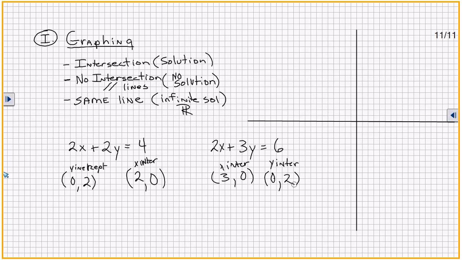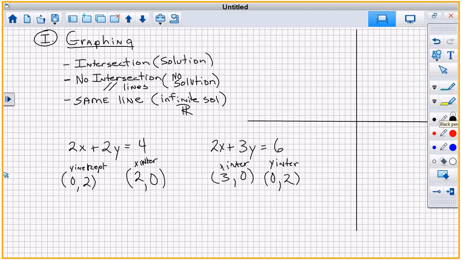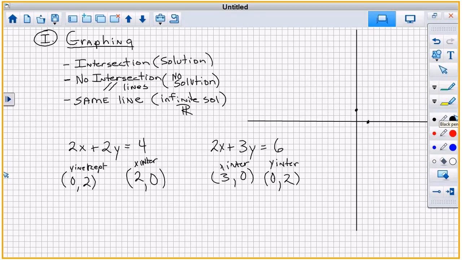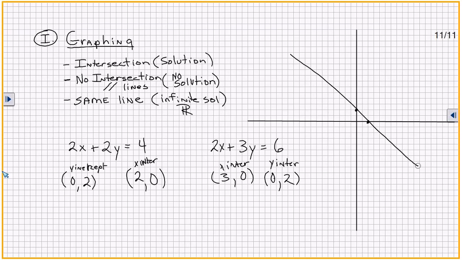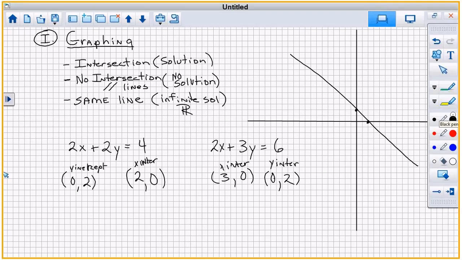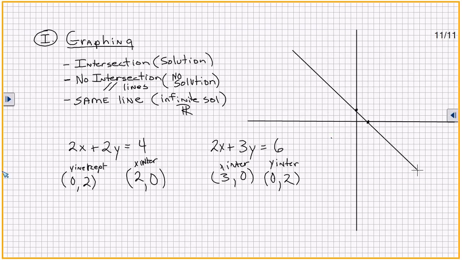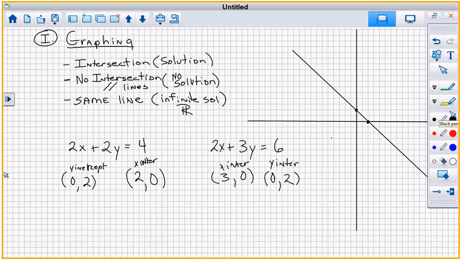So I'm going to plot the first line. 0, 2 is your y-intercept. 2, 0 is your x-intercept. And we'll color that line. And now we're going to do 3, 0, that's the x. 3, 0 is your x-intercept.